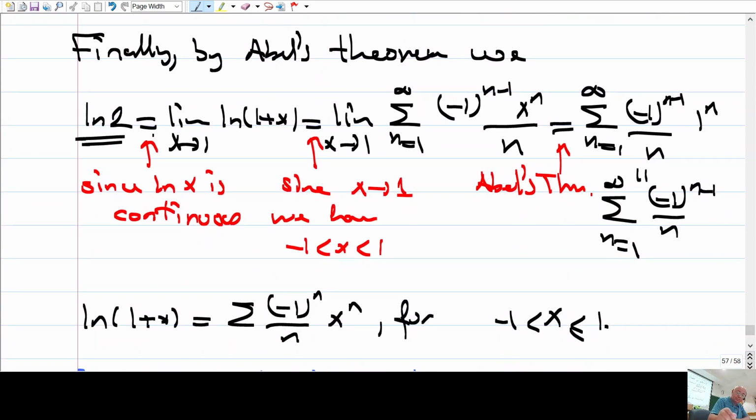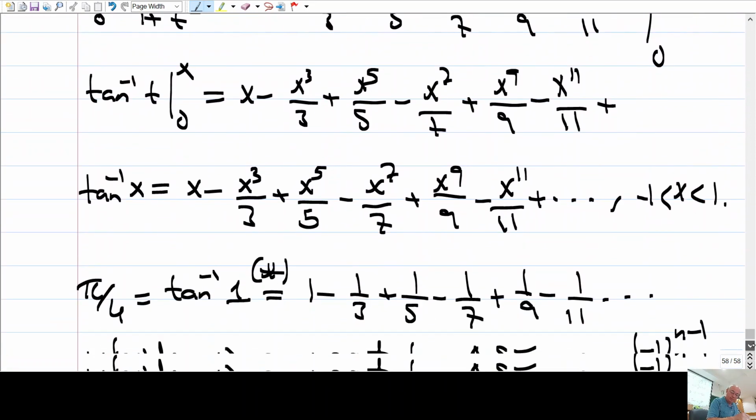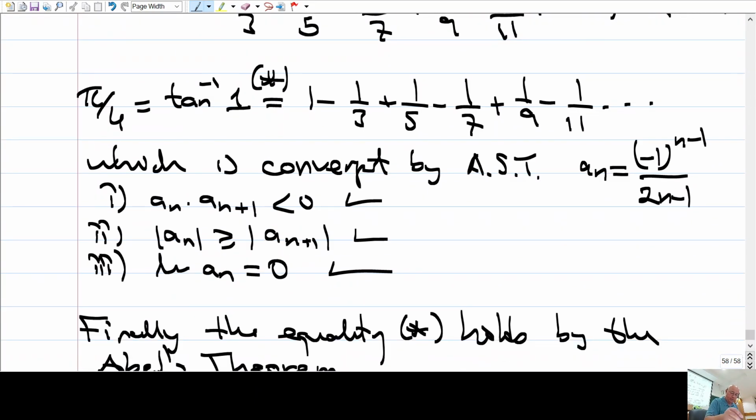Arctangent 1 is equal to the limit of arctangent x as x goes to 1. That is equal to this thing, and this is equal to this thing by Abel's theorem. Okay, same reasoning. But this is of course very useful in practice also, because it gives you an approximation for the number pi. Pi is just 4 times this.